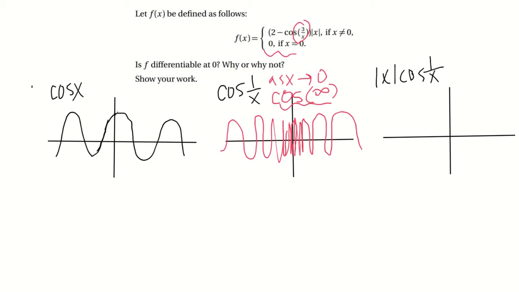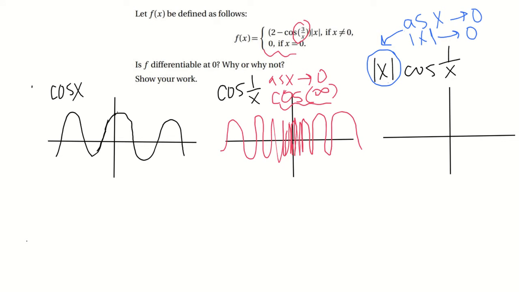Now what does this absolute value in front do to the cosine of 1 over x? Well, as x is approaching 0, this piece in front is approaching 0. So this absolute value is approaching 0, so it's pulling this strange cosine 1 over x function down.